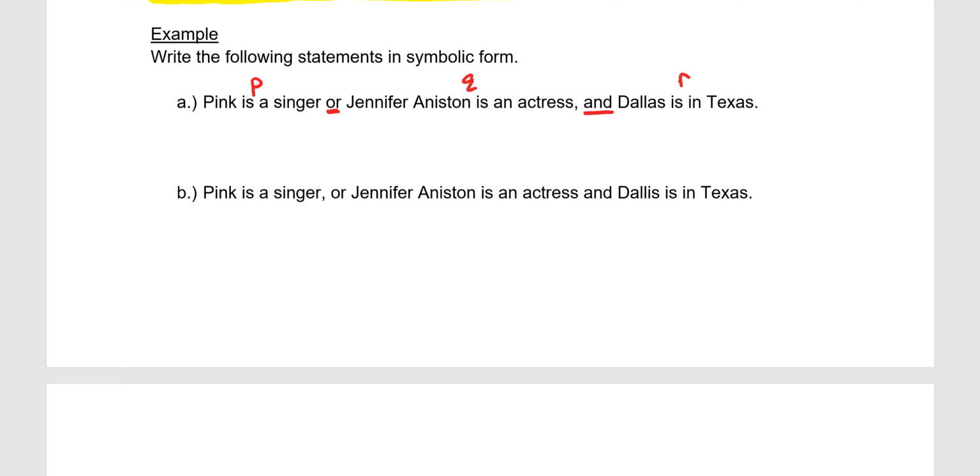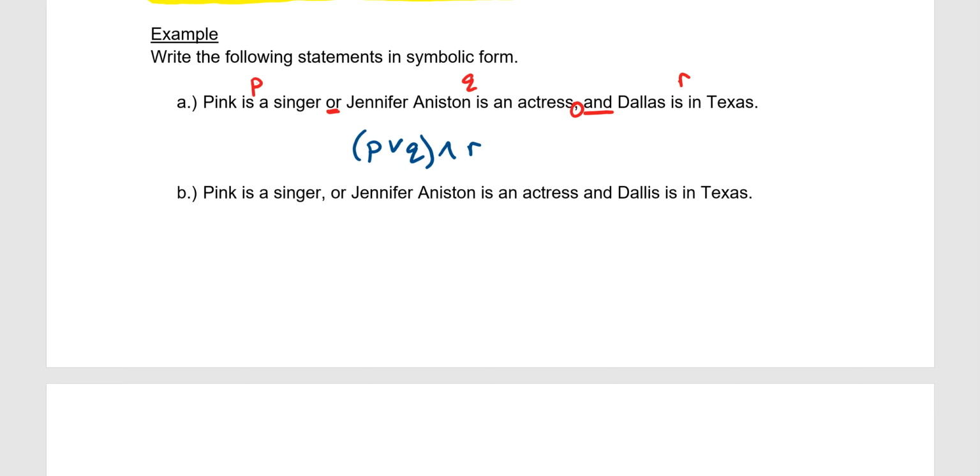This comma means that we're going to be grouping two of them together in parentheses. The two that we group together are on the same side of the comma, which is P and Q. So this is going to be (P or Q) and R.